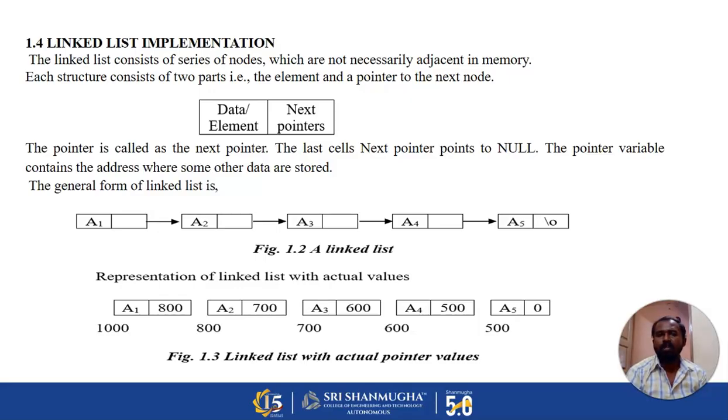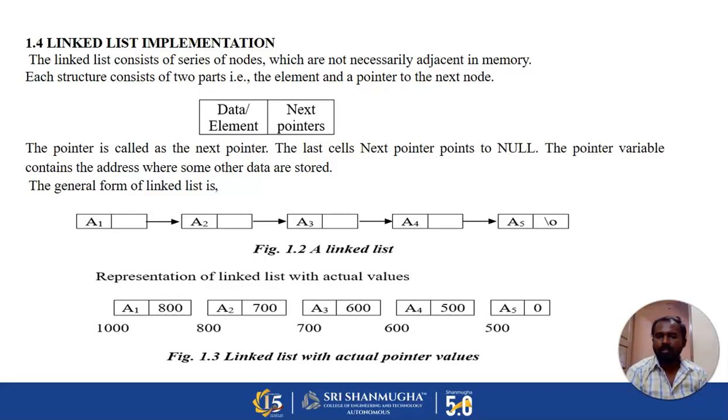The pointer variable contains the address where some other data is stored. The general form of linked list: this is the general way of representing a linked list. The diagram is A1 points to A2, A2 points to A3, A3 points to A4, A4 points to A5, and A5 points to null.